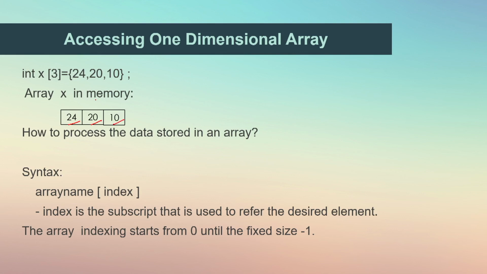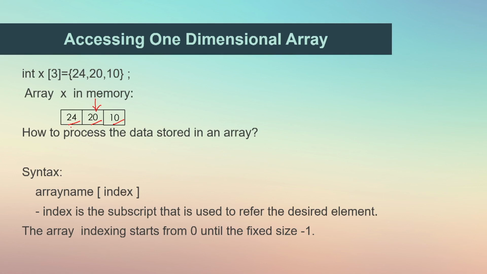Supposing we want to access the middle element of the array, then we need to mention the subscript corresponding to that element. If the subscript starts from 0, 1, 2, then the element 20 would be accessed using the notation x of 1. This is how we can access a particular element in a one dimensional array.